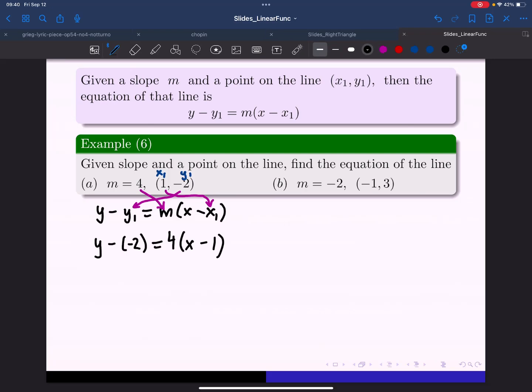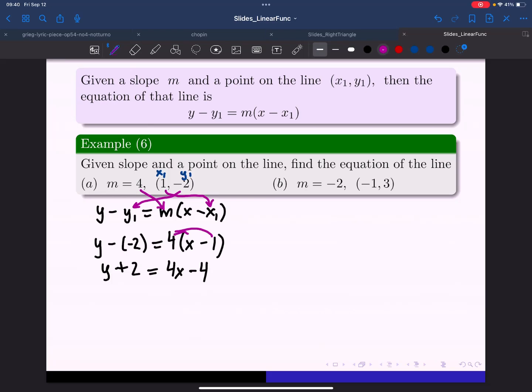Now what we need to do is work this out. We multiply this out, and we know that minus minus 2 is plus 2. So we have y plus 2 is equal to, multiplying this out, 4 times x is 4x, and 4 times minus 1 is minus 4.